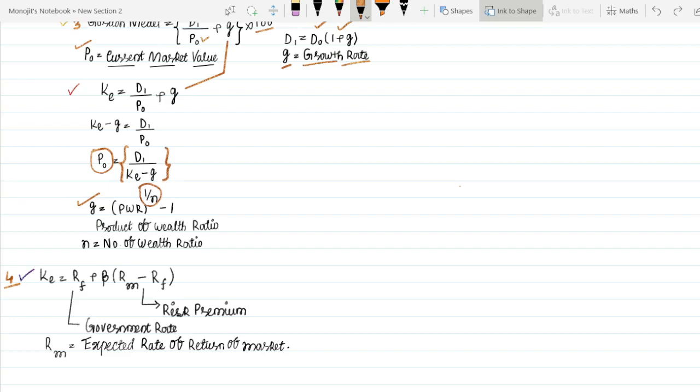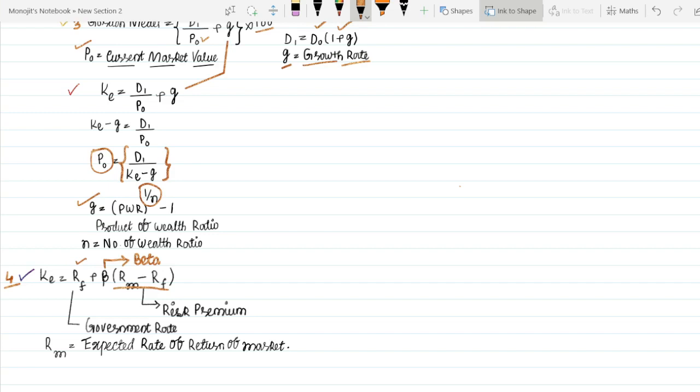The fourth formula is RF plus beta into (RM minus RF). RM minus RF represents the risk premium. This total component is represented by the risk premium.